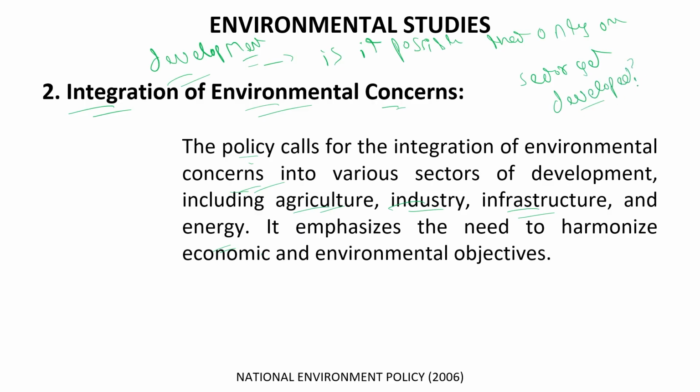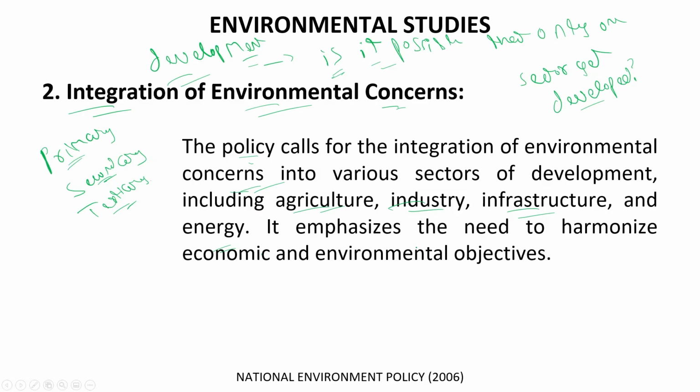Okay. If I'm asking you, is there any development going on, is there any chance that only one sector could be developed so that we can say it's a development, like the primary sector, secondary sector, or the tertiary sector? Is it possible that if you are doing a development, only one of the sectors gets the benefit and others not?